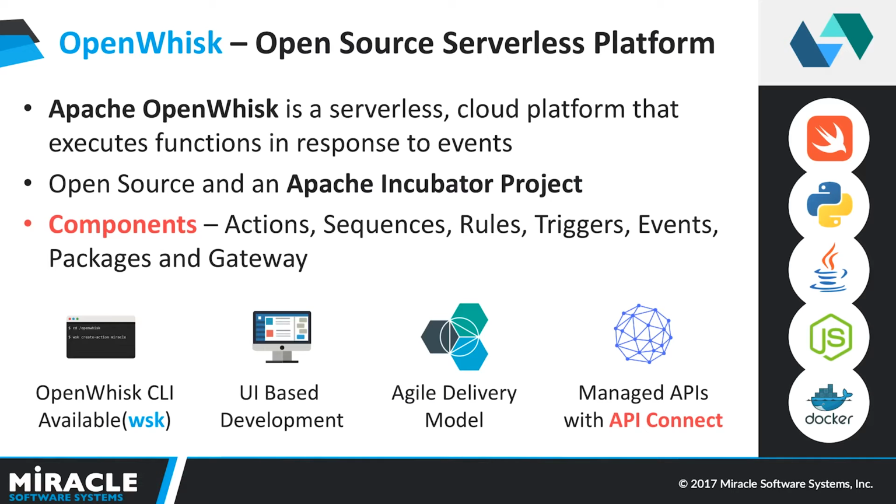You have a number of pre-built packages and feeds, which are basically predefined events and predefined functions that you can use. If you don't like them, you can create your own as well. There's a lot of community packages and feeds available out there as well. It also comes along with the gateway, which allows you to expose these event-driven functions as REST services also.